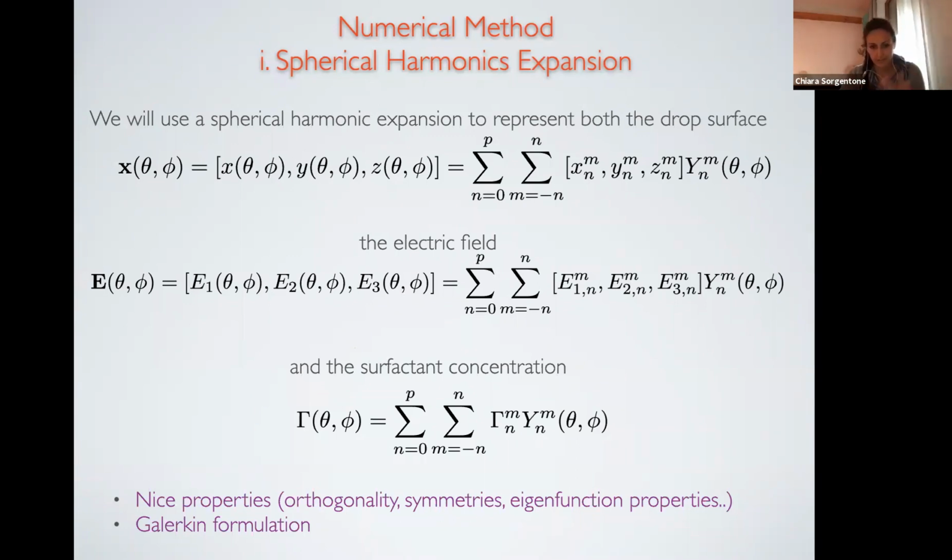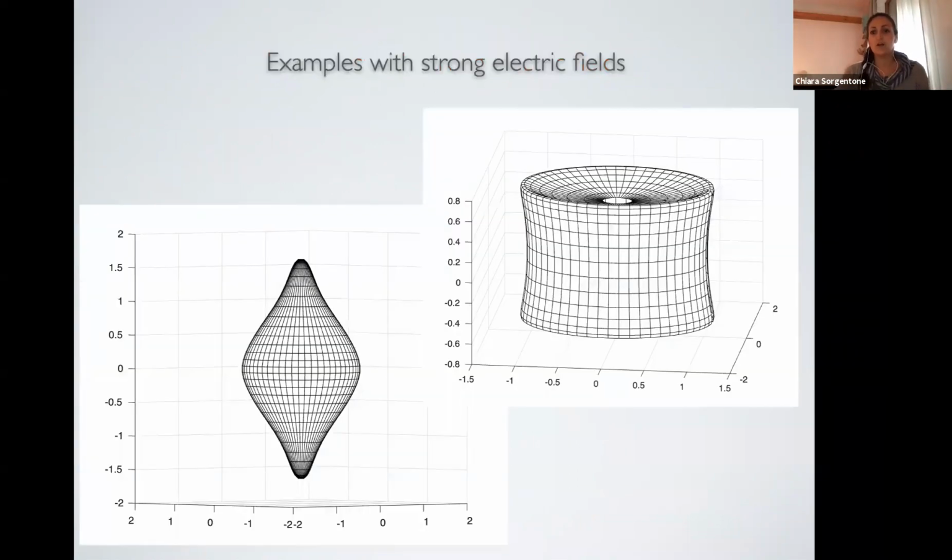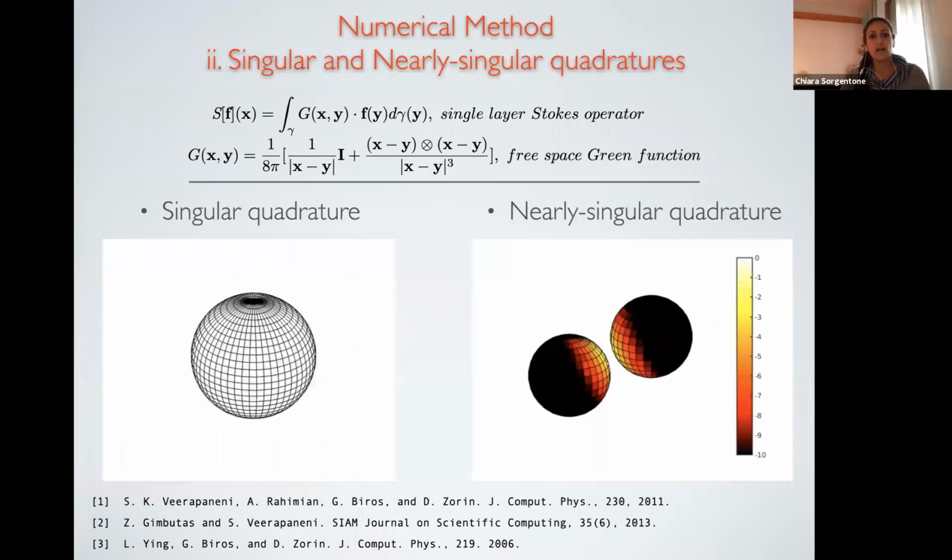Not really half, but almost. So another gain. Okay, so I'm dealing with spherical harmonics. It doesn't mean that I can simulate only slightly deformed spheres, of course. We also tried examples with strong electric fields where the drops are strongly deformed, and we always find a good agreement. But I'll go back to simulations later.